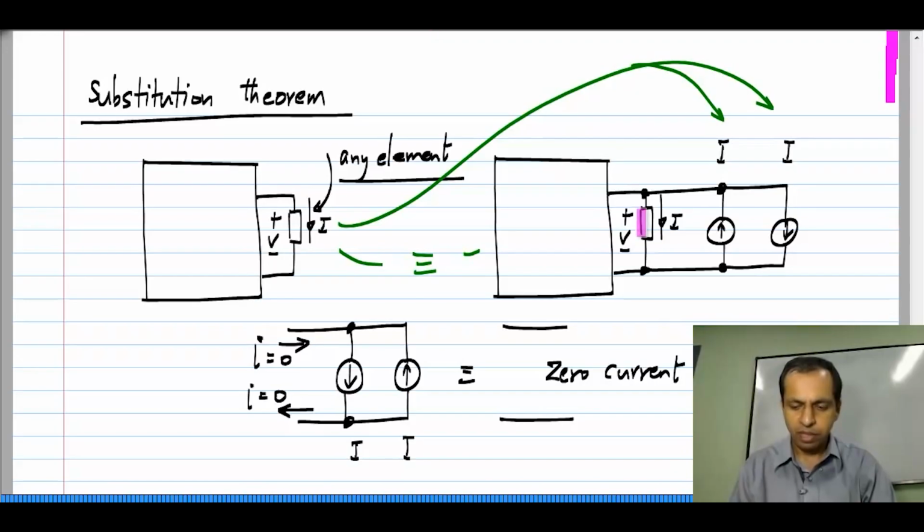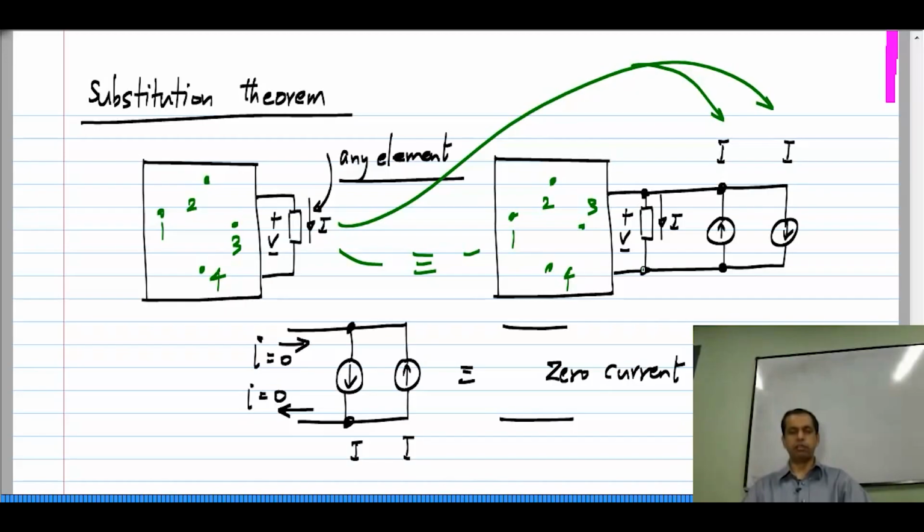That means that the voltage across this does not change, and not only that, you can have a number of nodes in the circuit. The voltage at any of them does not change. In fact, there will be no change at all through any branch voltage or any branch current in the circuit, because I have really not made any changes. I have just connected 0 current source across the element, and I have got a fancy way of getting this 0 current source.